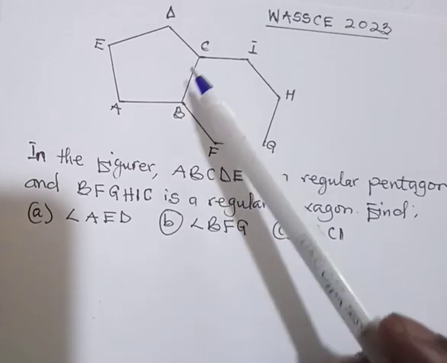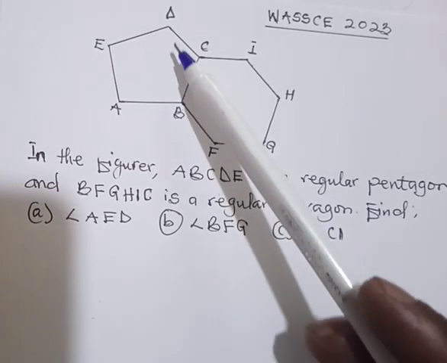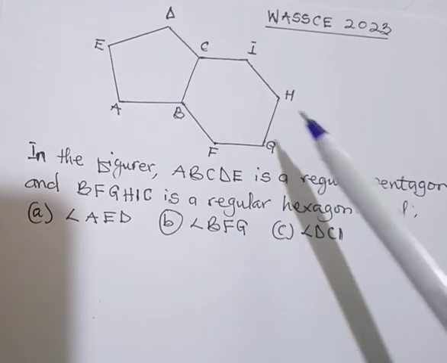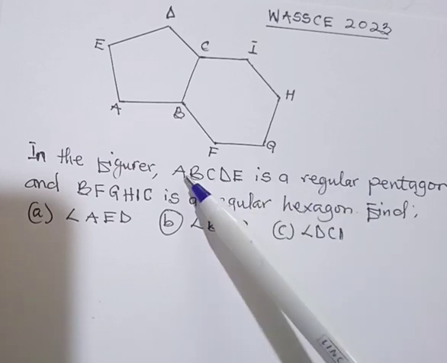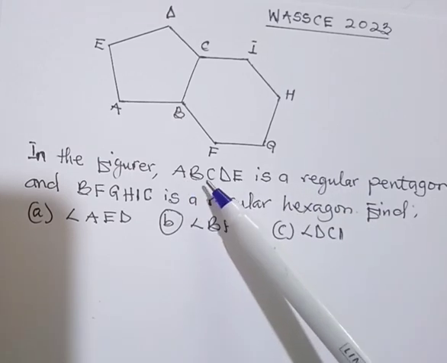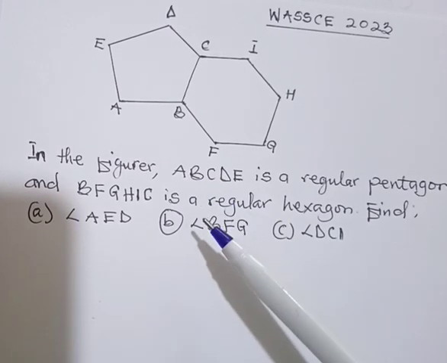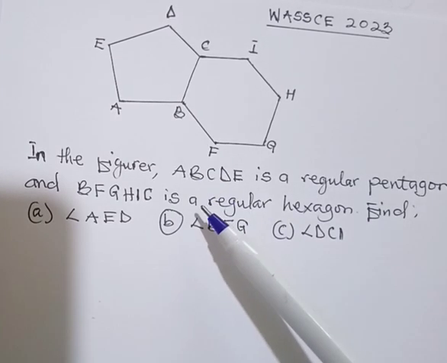Good. Looking at this shape, you can see that there are two different polygons being combined. The question has clearly stated it, so you can identify which of them is the pentagon and which of them is the hexagon. Good.